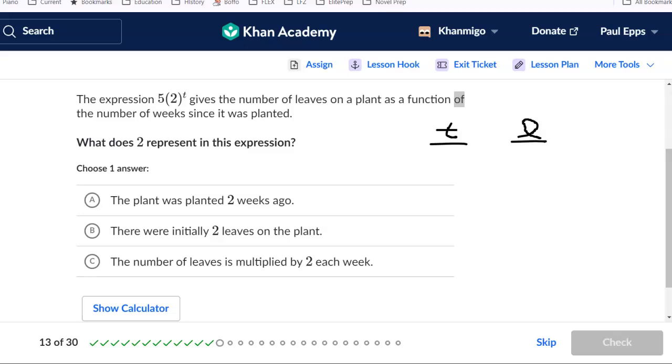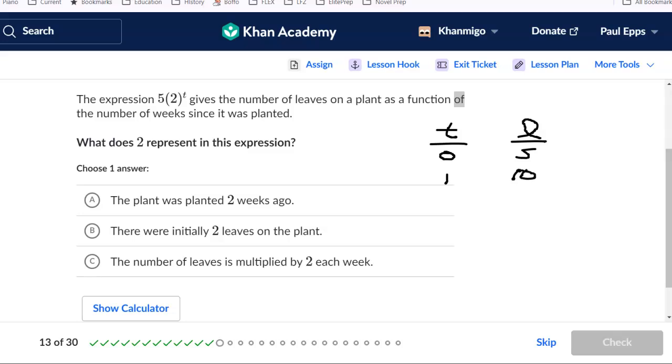Now, if t is 0, then 2 to the t is 1 times 5, and we have 5 leaves. If t is 1, 2 to the t is 2 times 5 is 10.